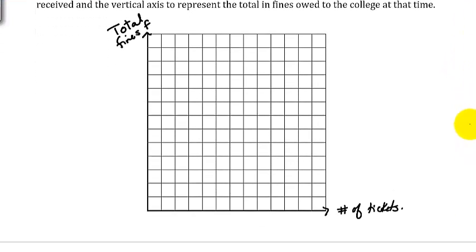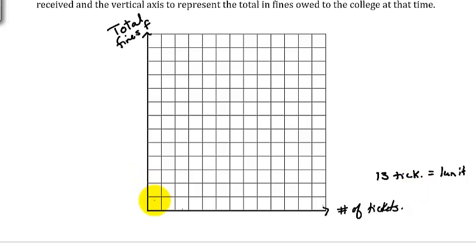And so we need to go from 0 to 12, and we have 1, 2, 3, 4, 5, 6, 7, 8, 9, 10, 11, 12, 13 spaces here. So we have 13 ticks, we have 12 things, so we're going to let each of those be 1 unit.